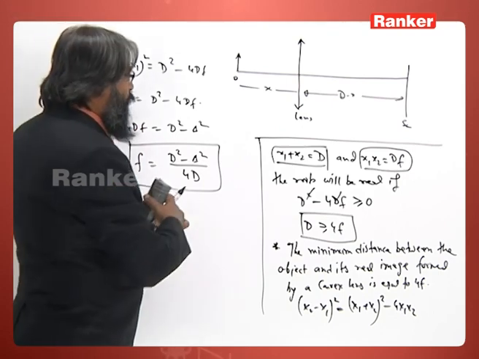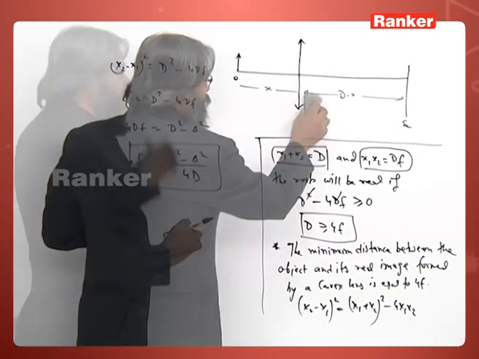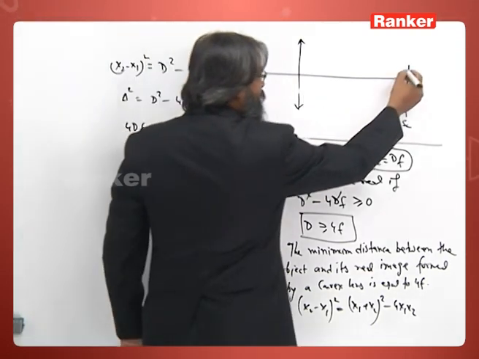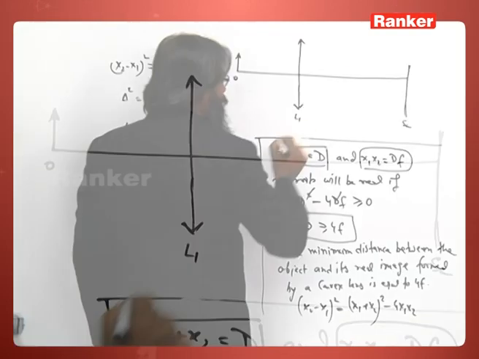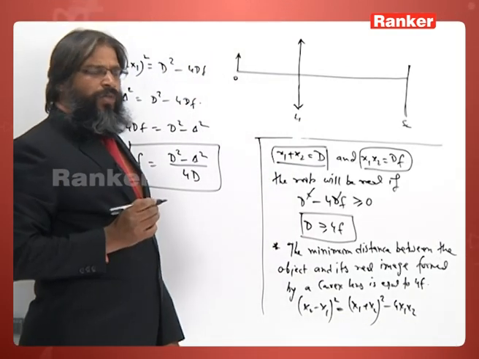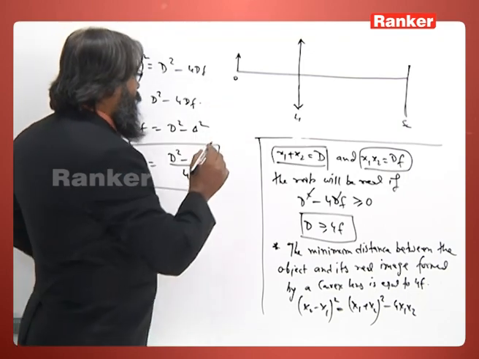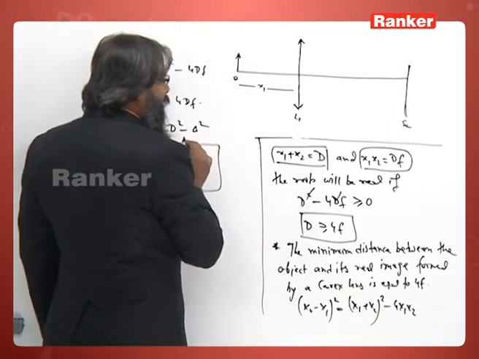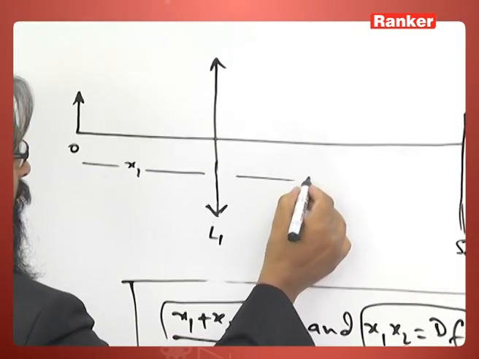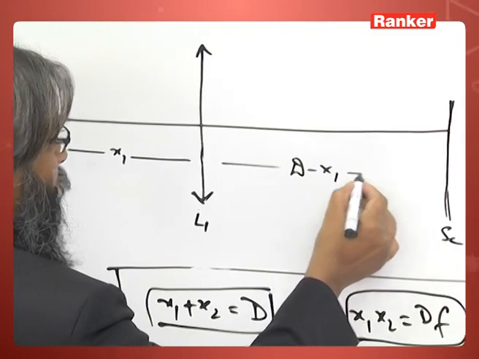So, in the experiment this screen is fixed and this is the position L1. You see this distance is x1, so this distance becomes d minus x1.